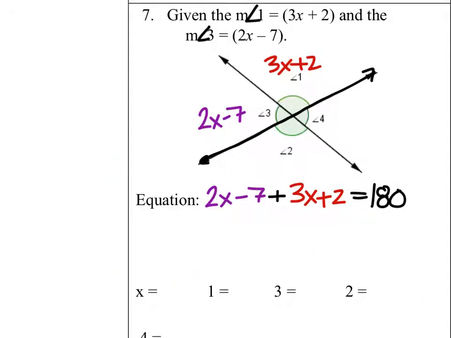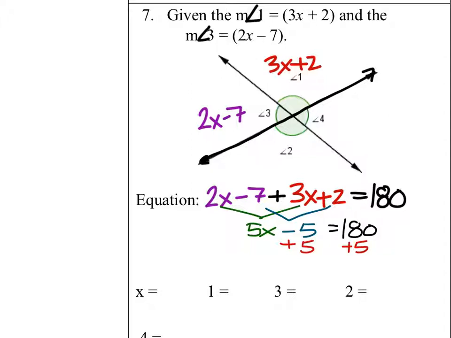All right, so to solve this one, this goes back to Unit 3, I believe, where we would need to combine like terms. So I got 3x and 2x, which would give me 5x. And then I've got a negative 7 and this positive 2, which would leave me with negative 5. This equals 180. And next we'd add 5 to that minus 5.